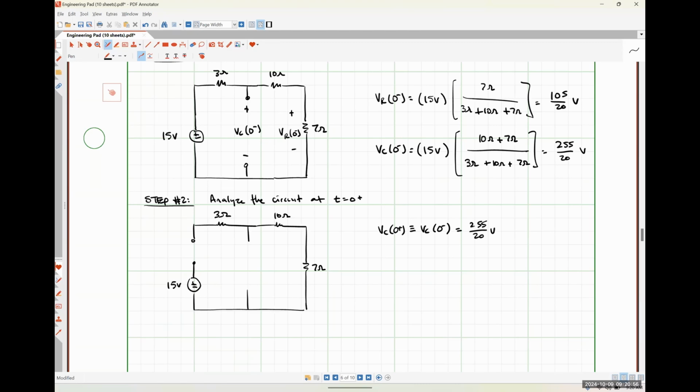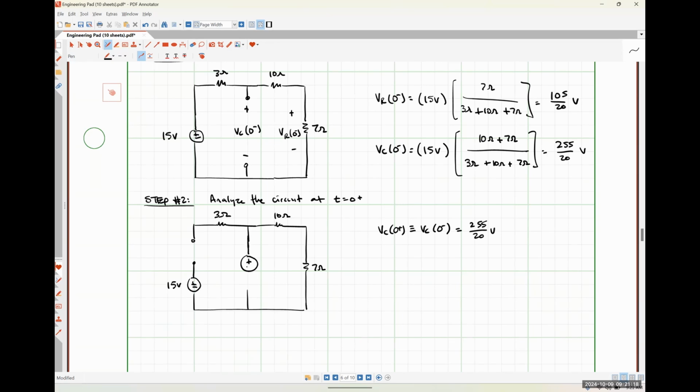Okay. So what are we going to represent the capacitor with here? So we represented the inductor as a current source at t is equal to 0 plus because the current was fixed and the voltage could do whatever we want. Now we have a situation where the voltage is fixed and the current can be whatever it wants. So I think this is going to look like a voltage source.